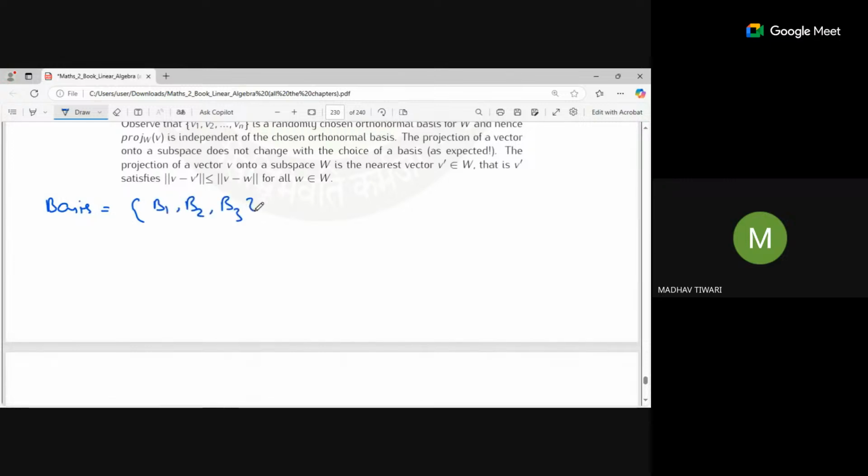If I want the projection of some vector c on the subspace spanned by this basis, then I take c's projection on b1, c's projection on b2, and c's projection on b3, and then add them.